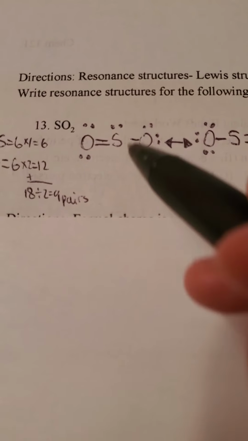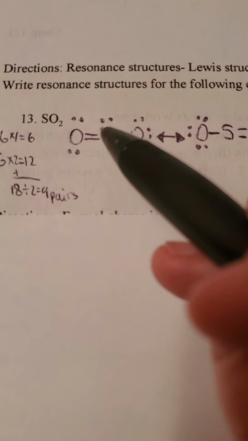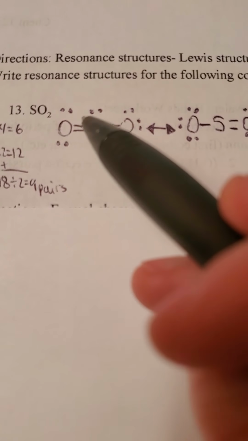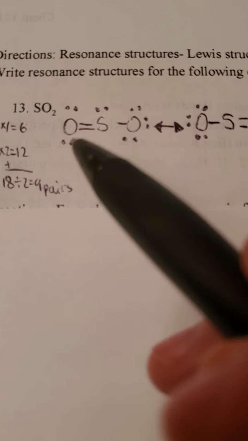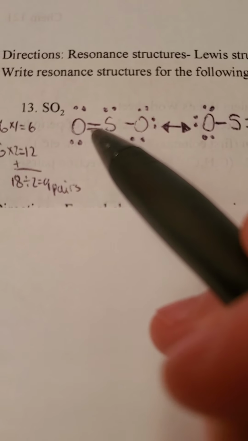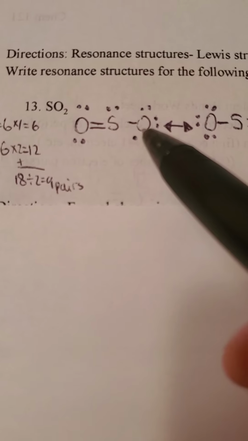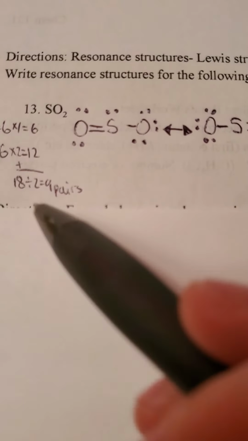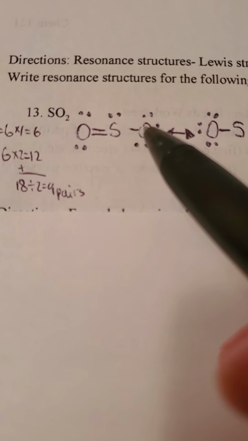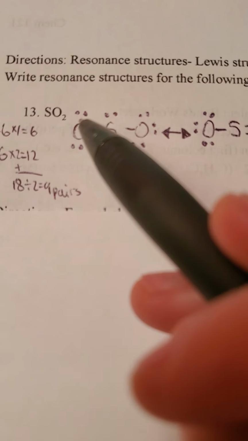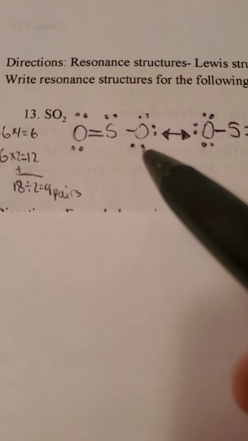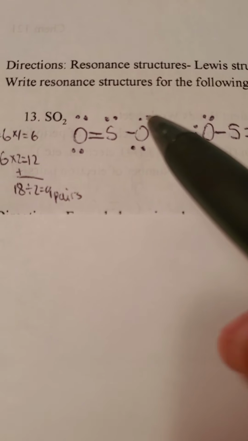So to write this out, we'd have the sulfur in the middle, the oxygens on the side, and let's just do 1, 2 bonds, right? Okay, that's great, but we don't have all the way up to 9. We only have 2 so far. Let's fill up 2 for each. So then 1, 2, 3, 4, 5, 6.